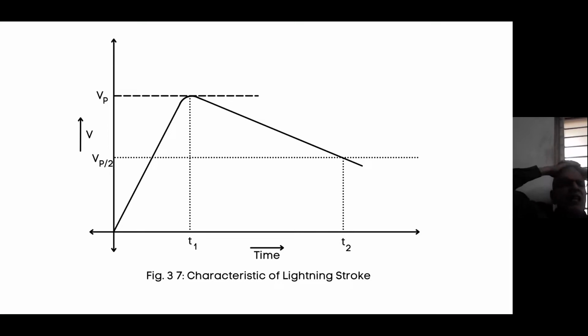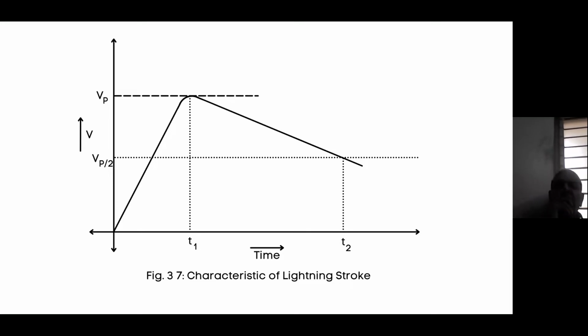But the standard, Indian standard or any standard, has to define. So we have defined 1.2 as a peak time. That is known as peak time. And T2 is known as tail time. That is 50 microseconds.